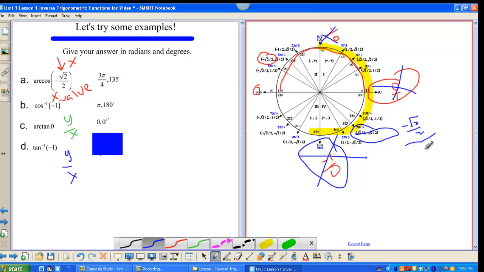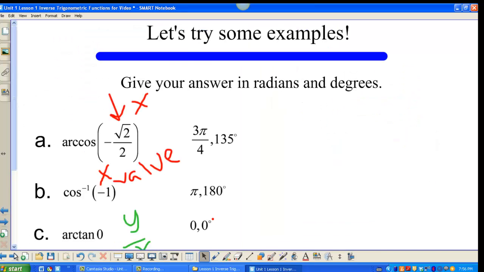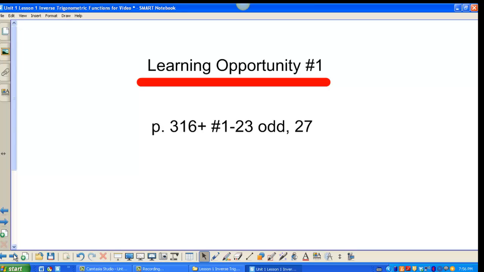If I have negative root 2 over 2 all over positive root 2 over 2, this is going to yield negative 1. And remember, I have to use the negative angle because my range values have to be between negative pi over 2 and pi over 2. So negative pi over 4 and negative 45 degrees would be the answer to that problem.